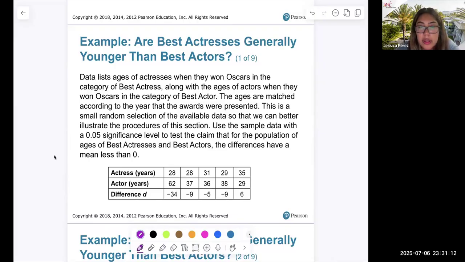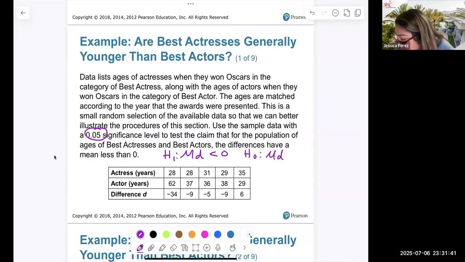Use the sample with a 0.05 significance level to test the claim that for the population of best actresses and actors, the differences have a mean less than 0. So the mean difference is less than 0, and that would be our alternative hypothesis. And our null hypothesis is that the mean difference is equal to 0.